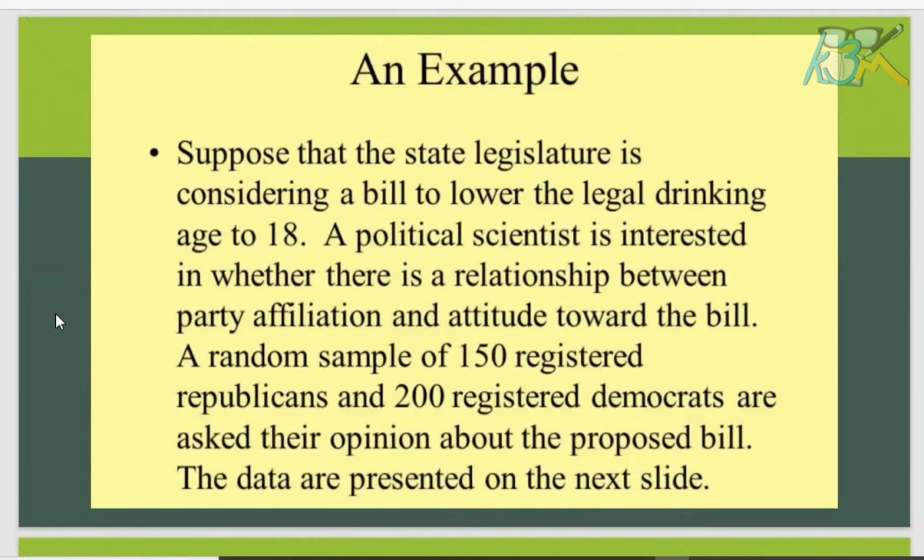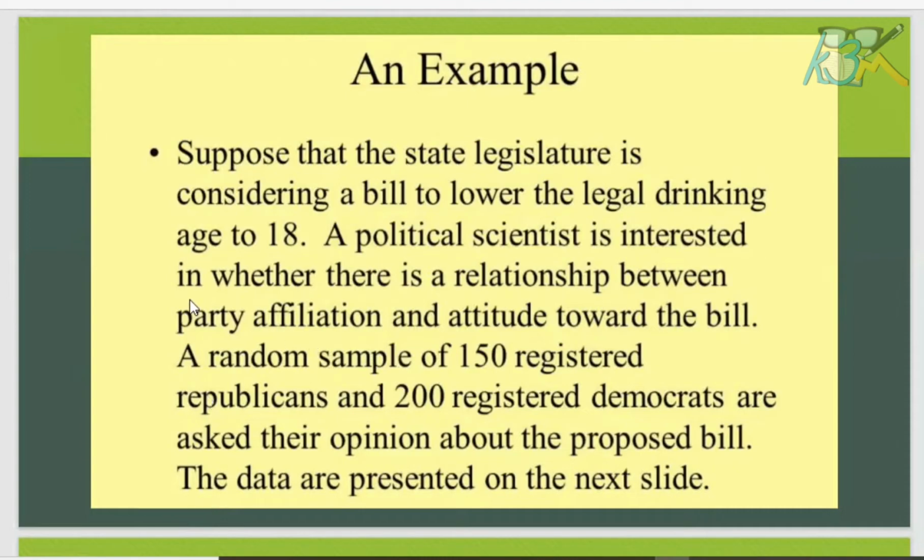A political scientist is interested in whether there is a relationship between party affiliation and attitude toward the bill. So a random sample of 150 registered Republicans and 200 registered Democrats are asked their opinion about the proposed bill. So the data are presented on the next slide.